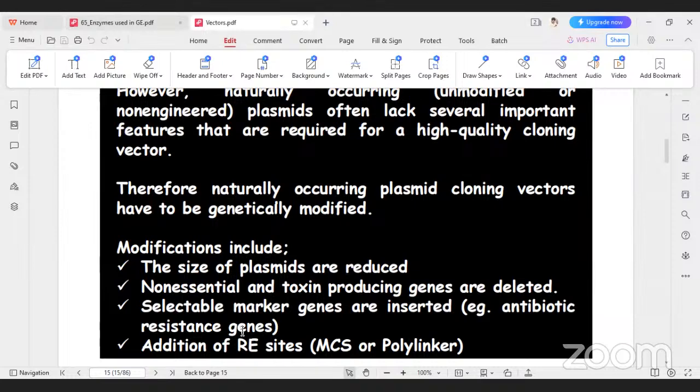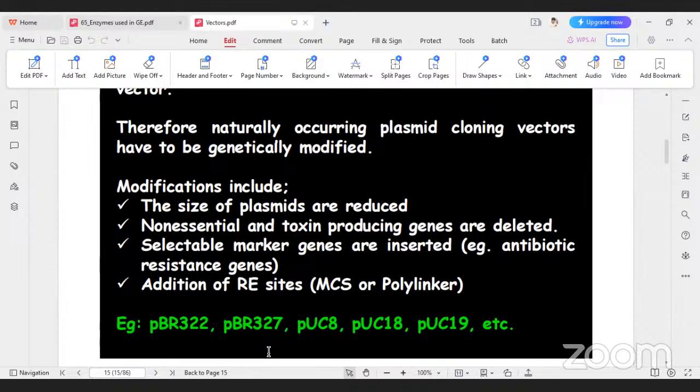Of course, in plasmids also, some of the non-essential toxin-producing genes are there. First of all, we need to delete them, because if we select a toxic gene as a vector, what happens if the toxic gene is inserted into the host? The host would be killed. Selectable marker genes are inserted, and restriction endonuclease sites are added.